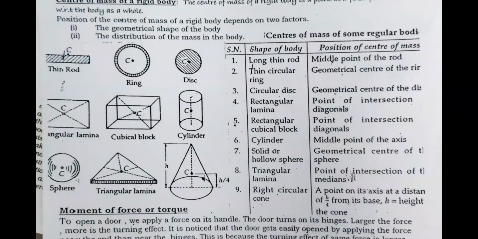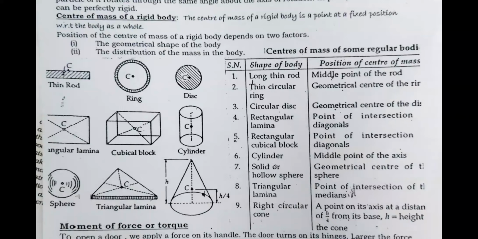Whether it is hollow or full, the center of mass will always be at the center. For a thin rod, it is at the center. For a cube, as shown in the figure, it is at the point of intersection of the diagonals. This is in general. Now we'll see in detail how to calculate center of mass for different shapes and different particles. These are standard ones.